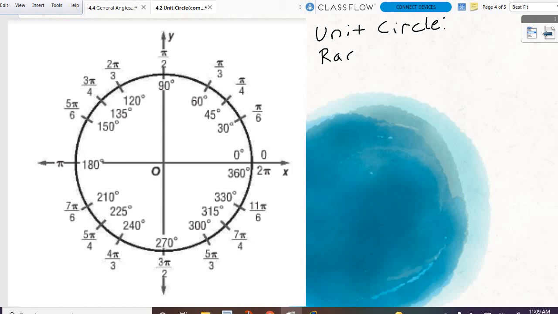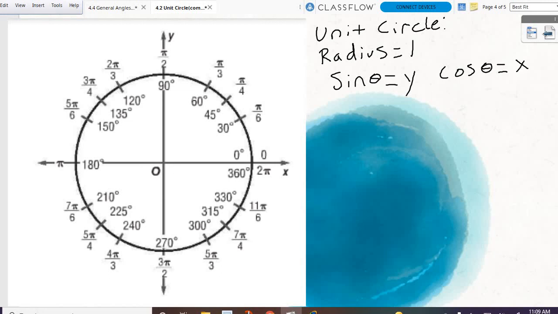And remember, we said that that's nice because if our radius is 1, what does sine of theta end up being for each of ours? The y value. And what does cosine end up being for each of our values? The x value.